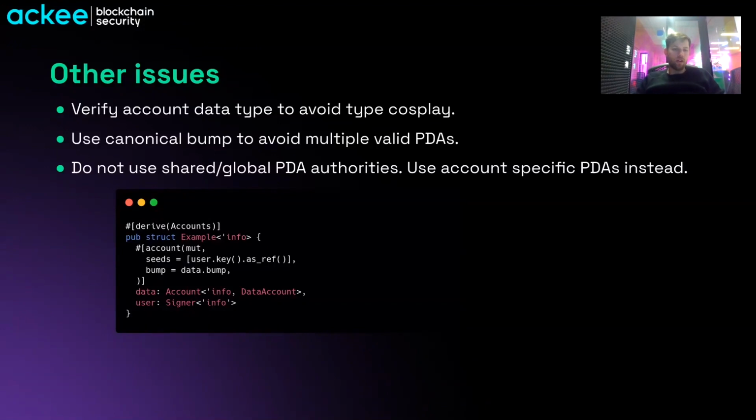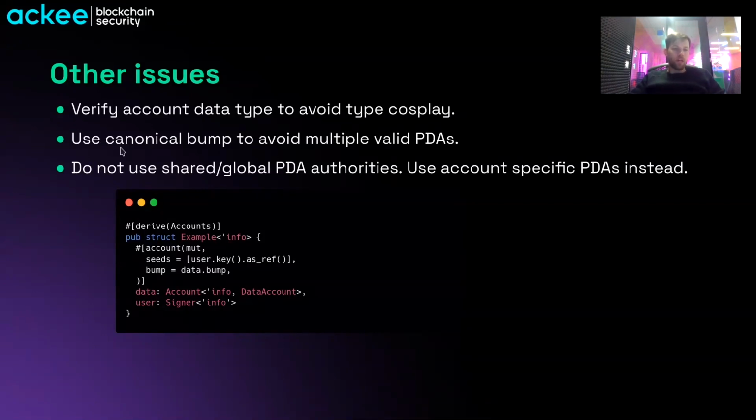In Anchor, this is very easy. You can just use the account type with your given type, and then Anchor checks the discriminator at the beginning of your data to match the data types.